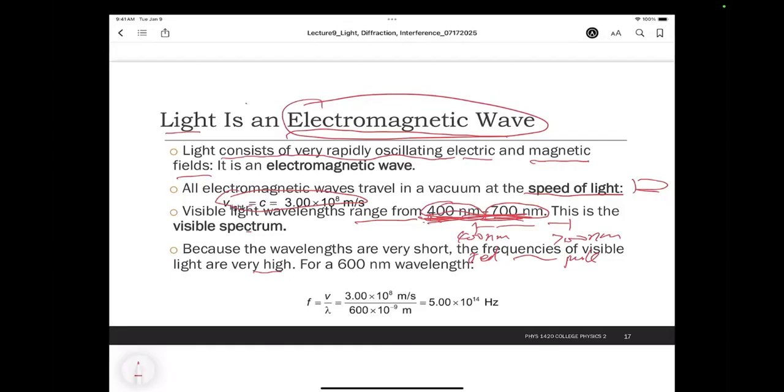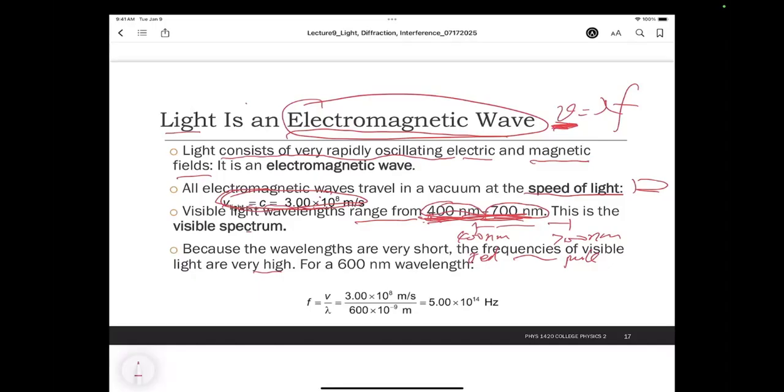Okay, why is it just like that? Because v equals what? Lambda multiplied by f. Am I right? And v is the speed of light, in a vacuum. Even in air it's a similar value, and v is a fixed thing.